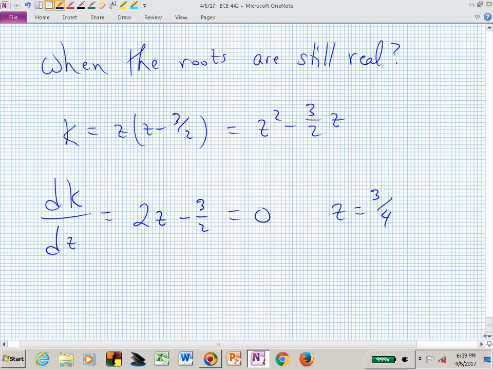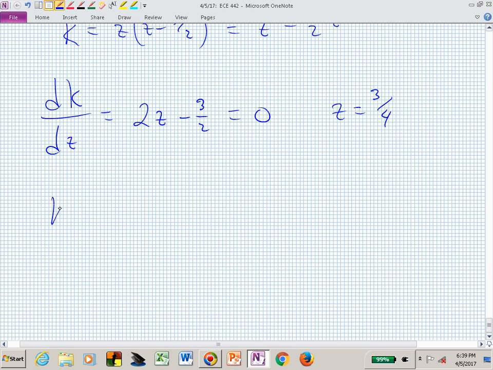And if I now use that z in my formula for k, which came from the magnitude condition, I now have z minus 3 halves. What if I evaluate that at 3/4?